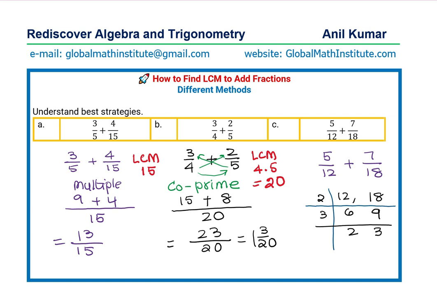Nothing else is common. So now we can multiply 2, 3, 2, 3 to get our LCM. So LCM in this case is 2 times 3 times 2 times 3, right? So 2 times 3, 6, 6 times 6 is 36. So we have an LCM of 36 in this particular case.